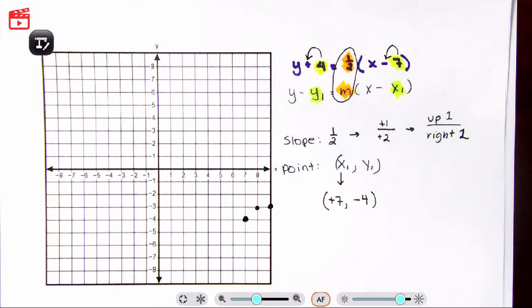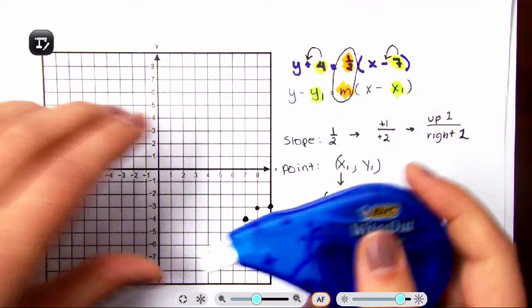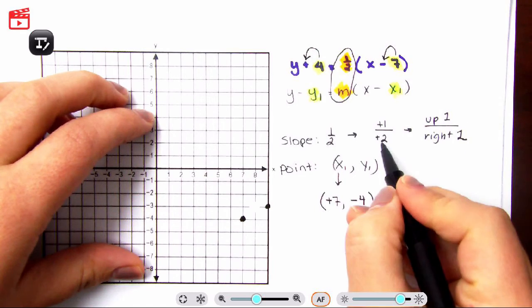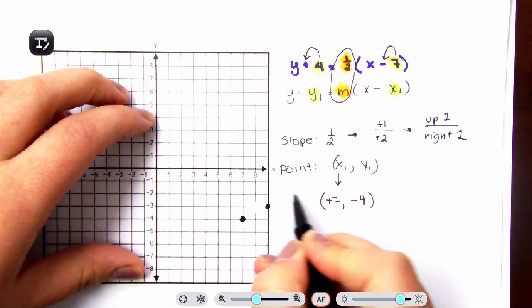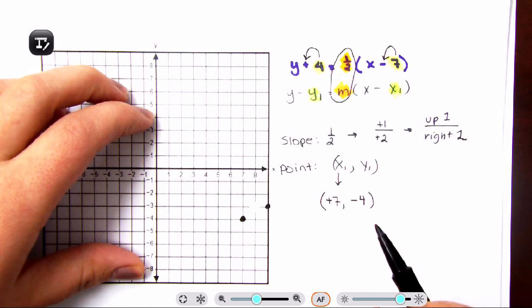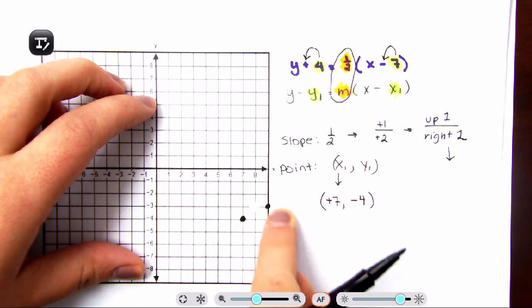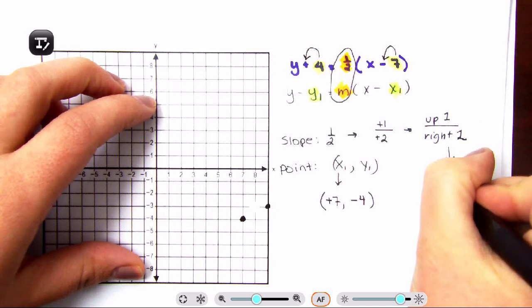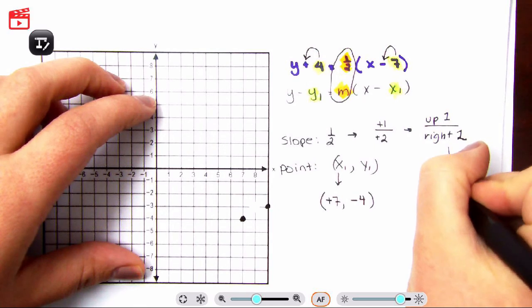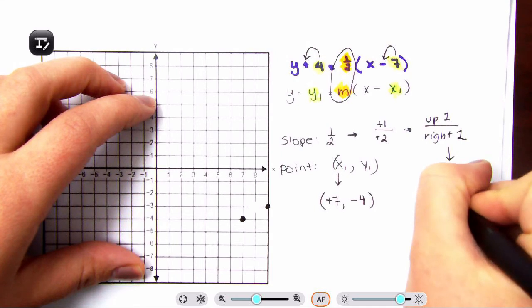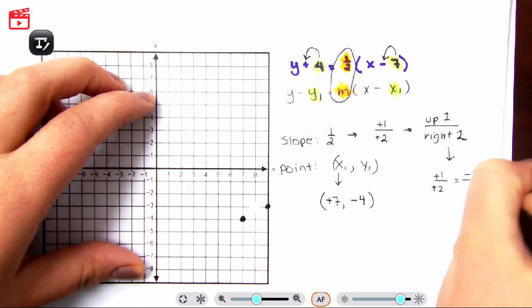Let's see if I have a white out to white that out. Up 1 over 2 because I have a 2 in the bottom. Notice how I ran out of room. You only need 2 points to make a line. However, if you wanted to continue, notice I'm running out of space. Remember in the previous example, we said I can rewrite my positive slope as negative top and bottom.